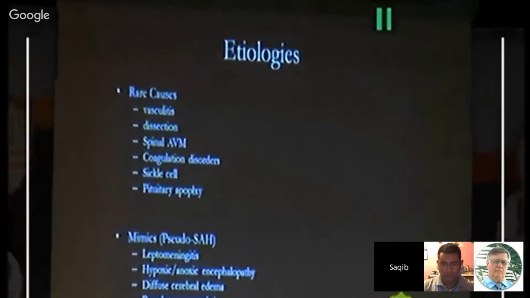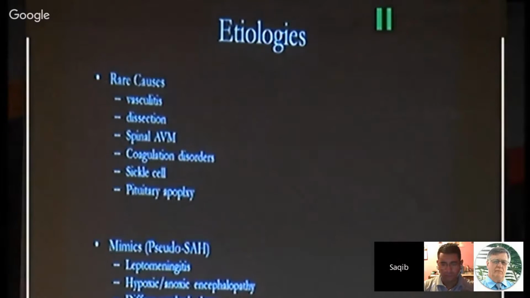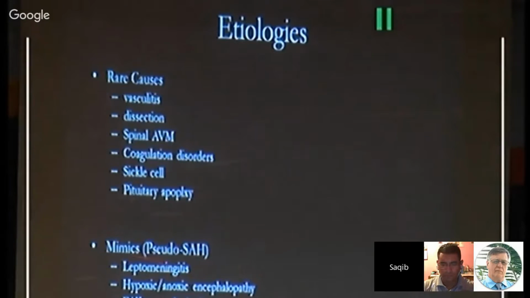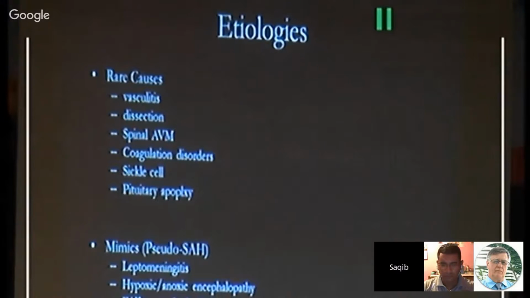I would also like to highlight some rare cases and also some mimics, things that look like subarachnoid hemorrhage. Vasculitis, an inflammatory condition of the blood vessels, can cause subarachnoid hemorrhage. It tends to be focal, but it can be diffuse if it involves large vessels.